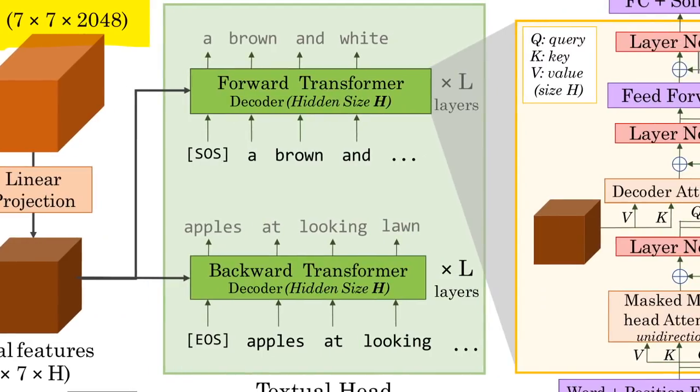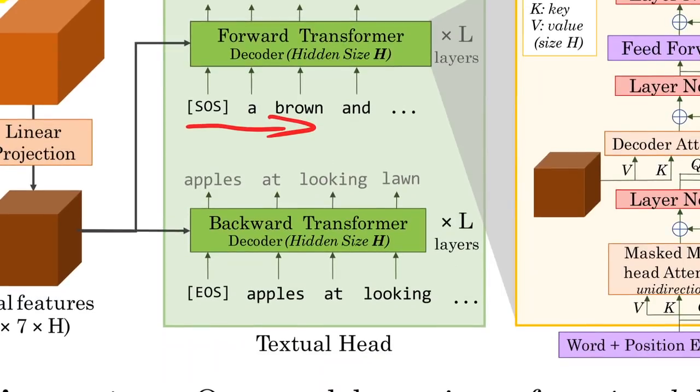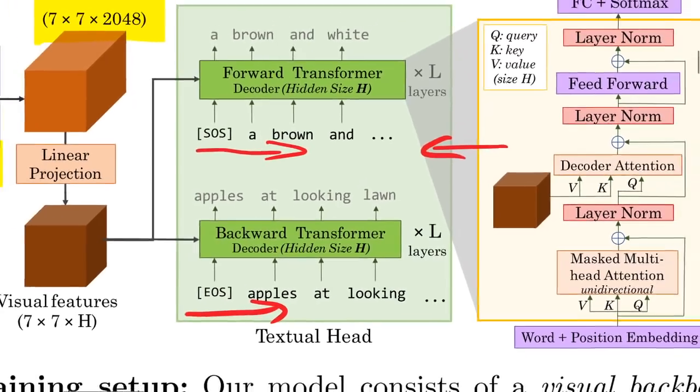And the language model is just a transformer, actually two transformers. They're both autoregressive. One transformer tries to predict the caption in a forward way, and the other transformer tries to predict the caption in a backward way. And that's down here. So in this direction is backward, because the caption has been reversed.